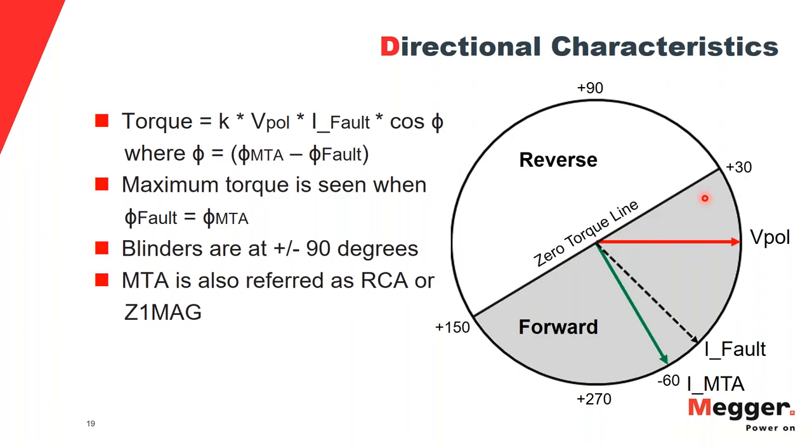So I have decided this line as my partition line between the forward and the reverse fault, and this partition line is called the zero torque line, right? So the zero torque line decides where the forward area is and where the reverse area is. MTA is also referred to as relay characteristic angle or the Z1 mag in some relays.